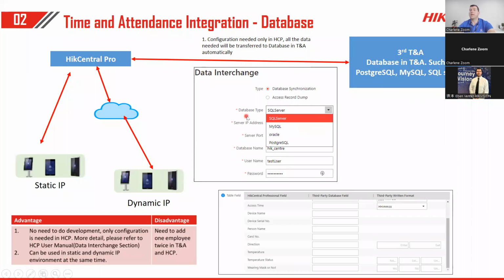So the database types, we have different options that are available, not just our own, but there are multiple options as well. Then from there on, it will get pulled in, and then you'll be able to put the information. So not just that, also we can also do the writing format for the third-party program as well on that.